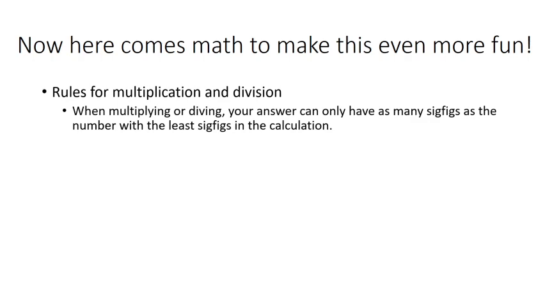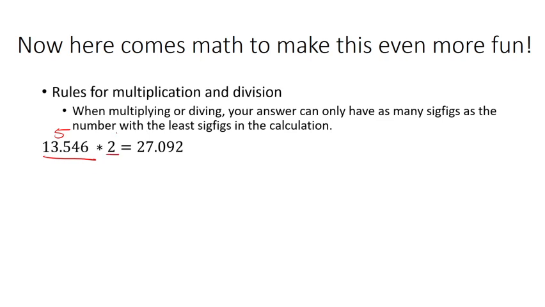So, there are, of course, rules for this. Rules for multiplication and division. When multiplying or dividing, your answer can only have as many sigfigs as the number with the least sigfigs in the calculation, right? Which means your answer can only have as many as the least that goes into it. So for example, in this calculation, we have two numbers. This first one here has 5 significant figures.